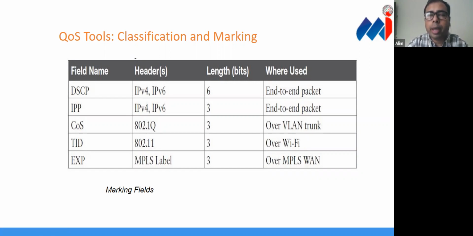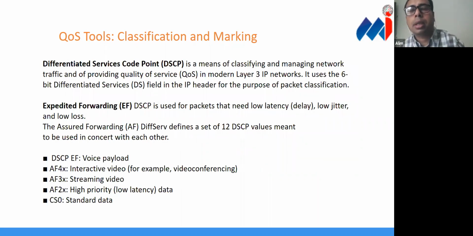The source address is the source MAC, the destination address is the destination MAC, and there are other fields for different purposes, and some are just for quality of service marking. Quality of service marking is just to mark your packet. Without marking, classification is not possible, and based on the classification, different policies are configured.